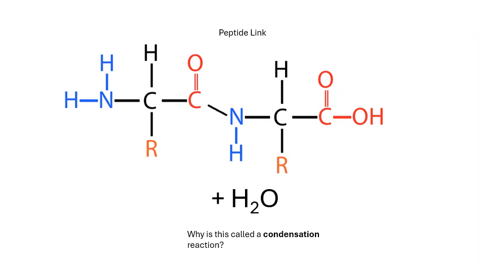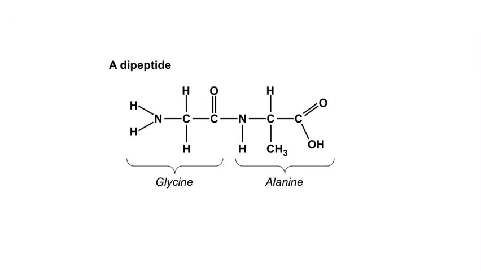So the two amino acids are joined together by a peptide link, and we end up with a dipeptide if there's just two of them. Yeah, here's an example of a dipeptide. If glycine and alanine join together, that's a dipeptide, joined together by a peptide link.